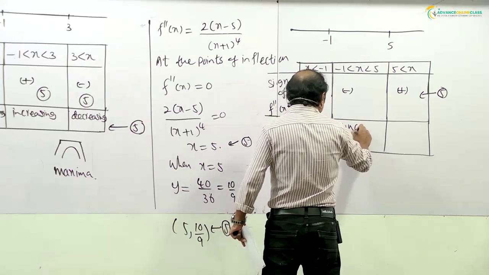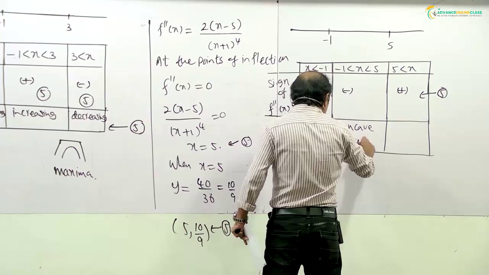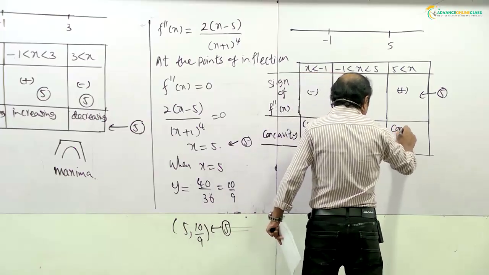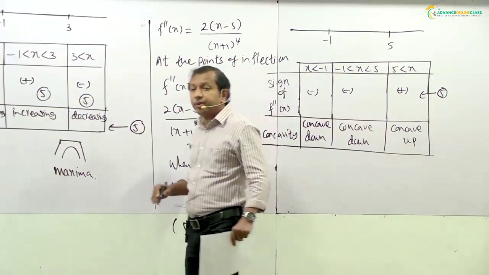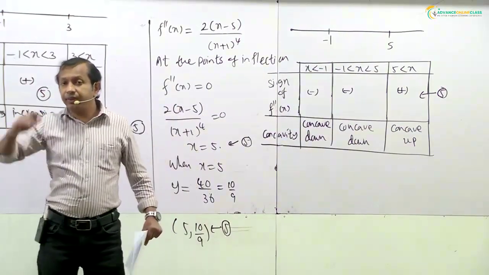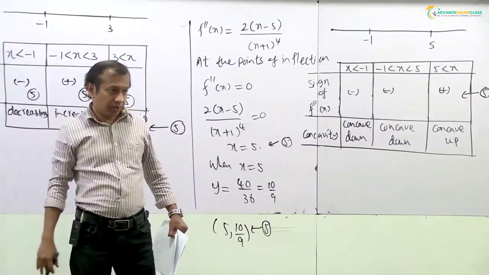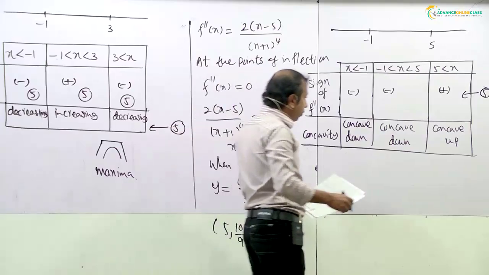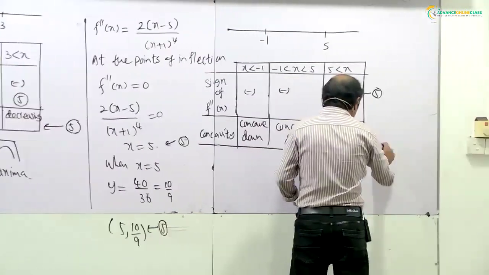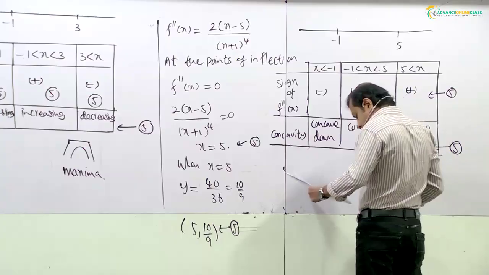Here, concave down. Here, concave up. Concave down means what? When we prepare a tangent, graph lies below the tangent. Okay, right. So for this row also 5 marks.